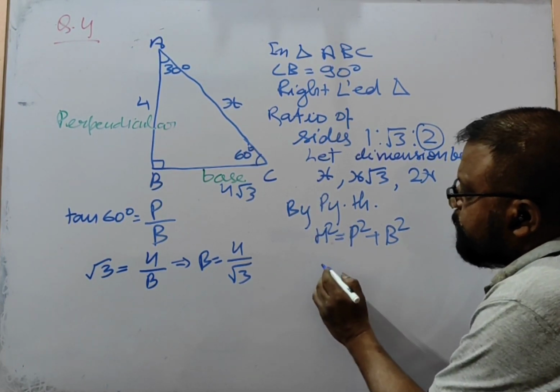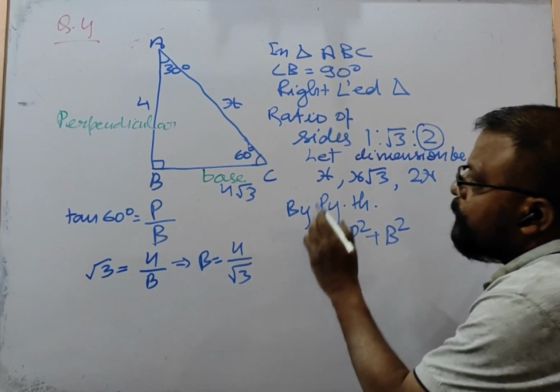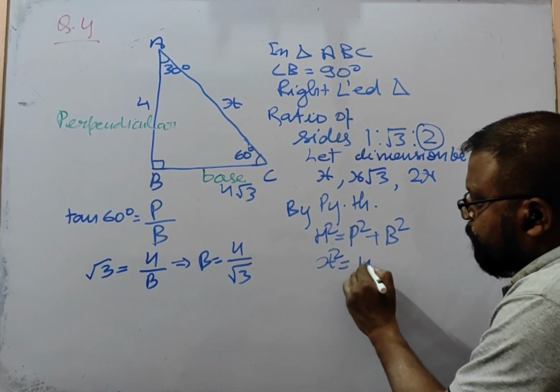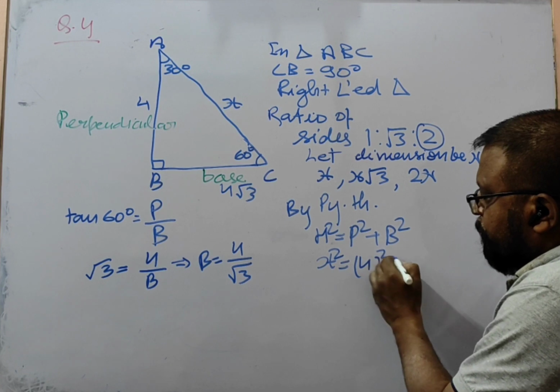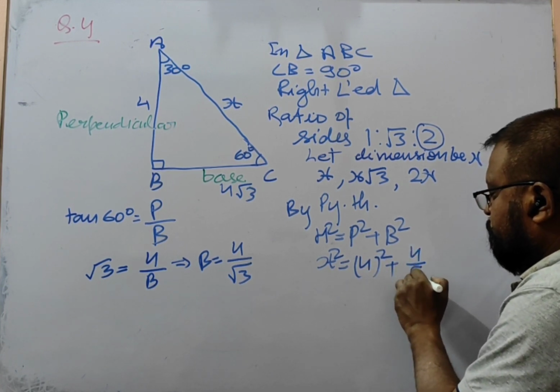So the hypotenuse is x square, which is equal to perpendicular, which is 4 whole square, plus base, which is 4 root 3 square.